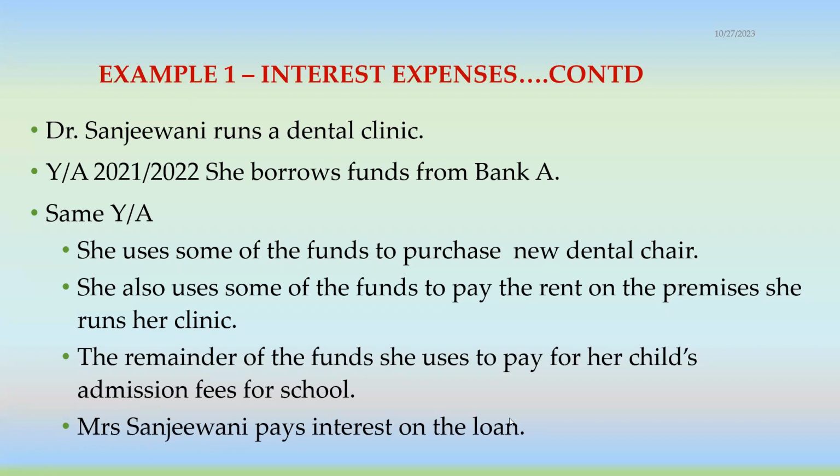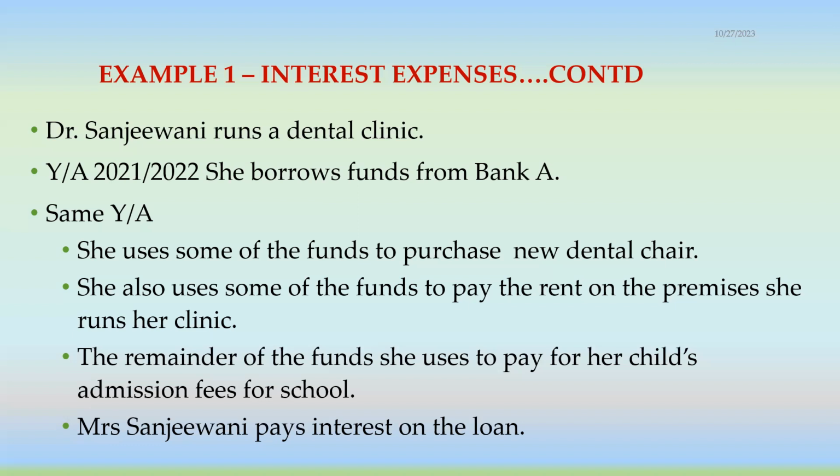Yes, actually, we have to apportion the interest into personal use and business use. So we know the amounts that the doctor uses for the new dental chair, and she knows those amounts.